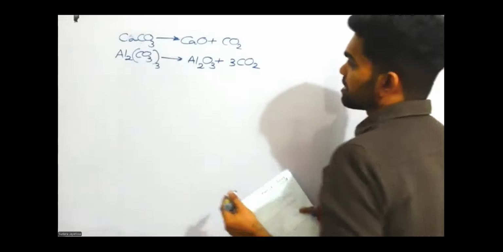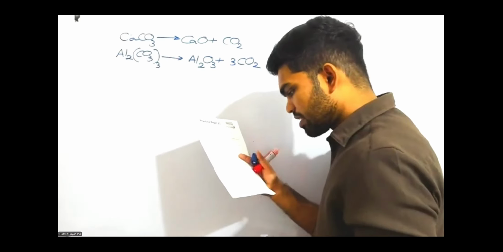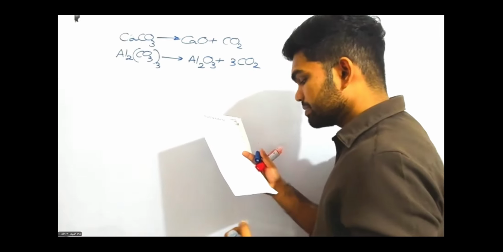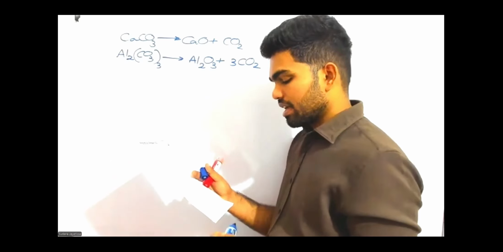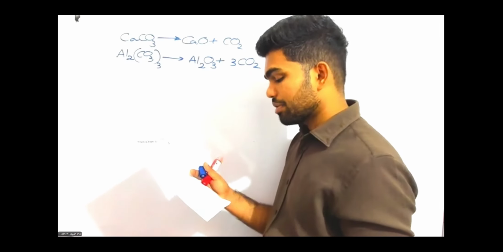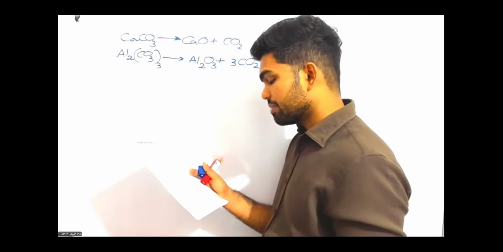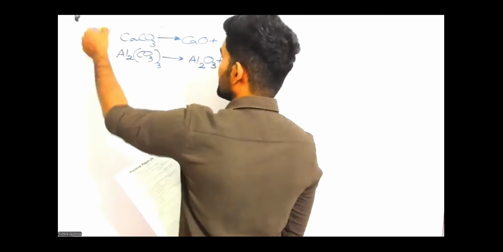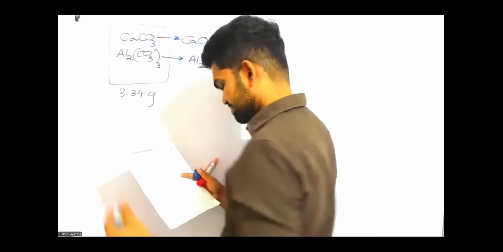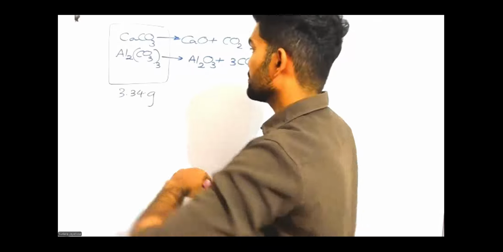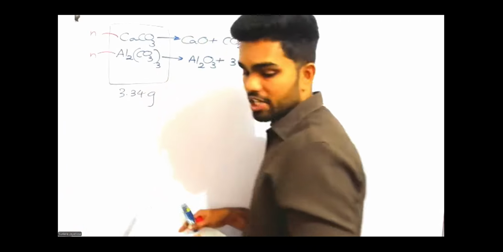Now the question is telling that calcium carbonate and aluminum carbonate undergo thermal decomposition as given below, and asks how much carbon dioxide is formed by aluminum carbonate when 3.34 grams of an equimolar mixture is used. Equimolar means if you have n moles of this one, you will have n moles of aluminum carbonate also.